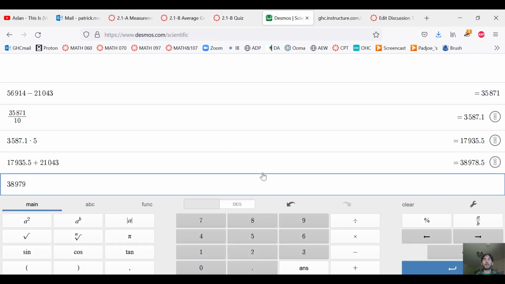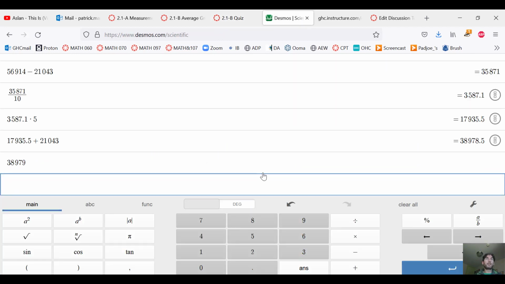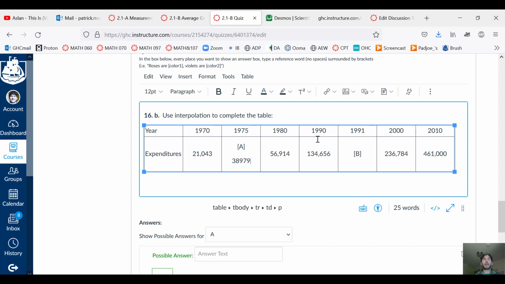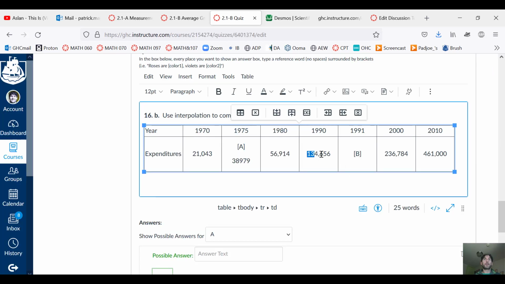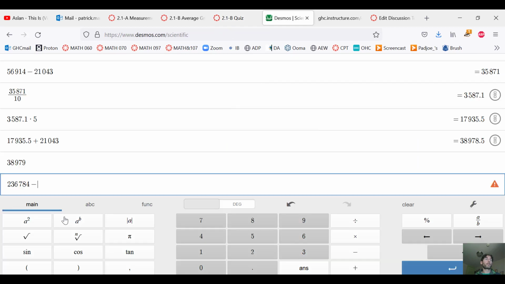It's a similar thing again. From 1990 to 2000, how much did the expenditure increase? We take this number and subtract the 134,000, and we get about 102,000.